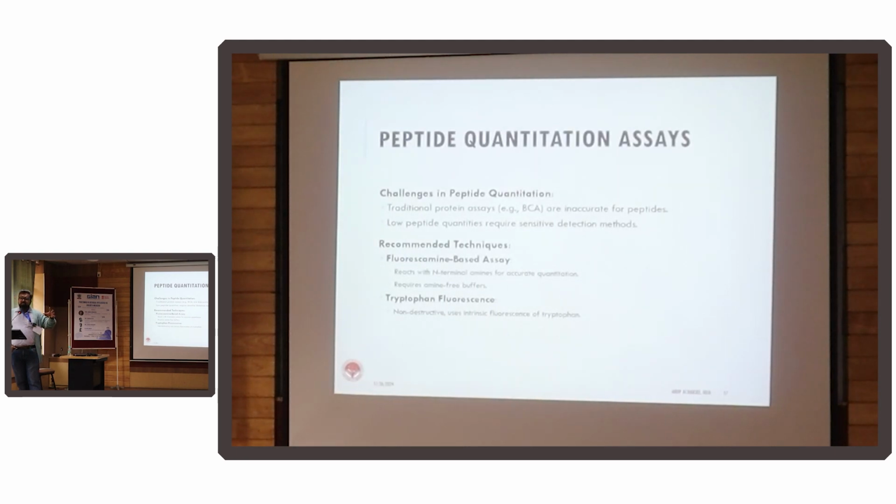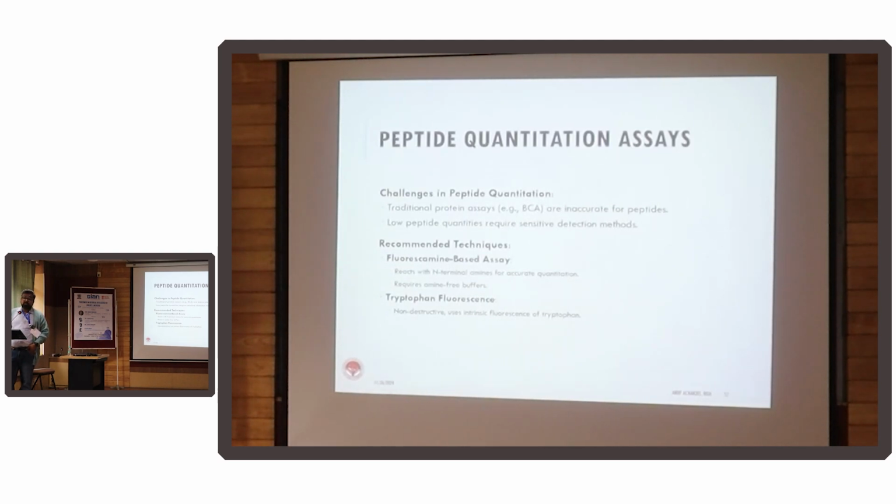Once you are done with the protein, remember we had started off by measuring the total amount of protein, right? We did Bradford or BCA or fluorogenic, based on the needs of our experiment. Now we have digested it, and we have done a peptide cleanup, and now we have purified peptides. These peptides also need to be measured.